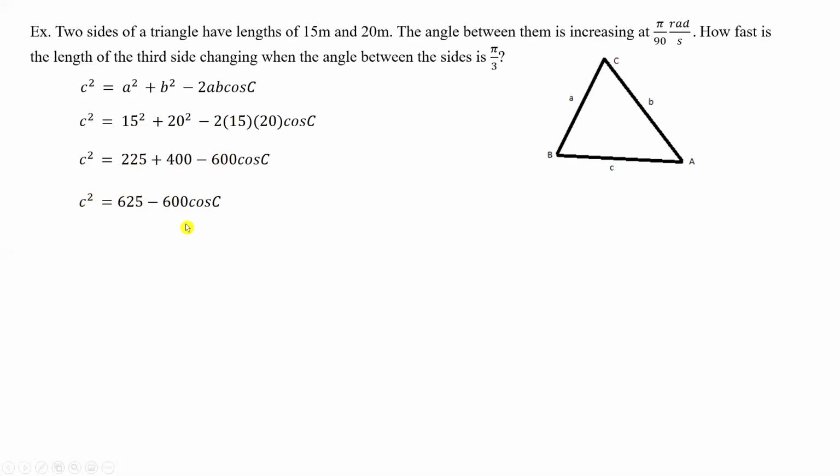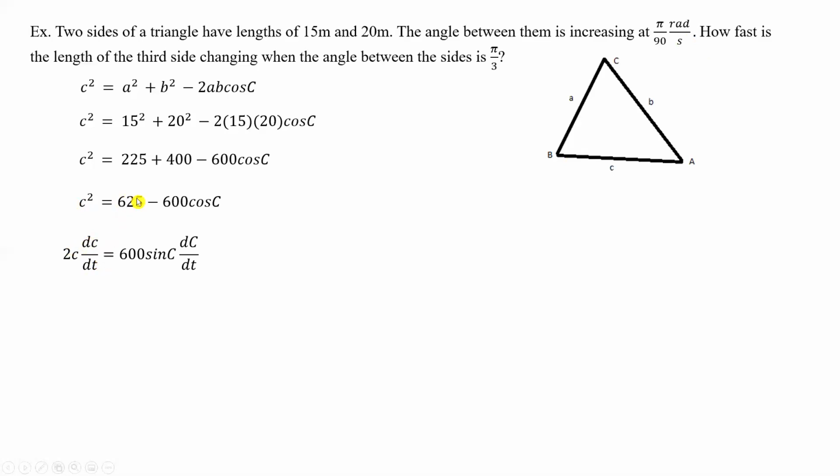Now it's time for the derivative. Let's look at that rate. It's seconds in the denominator, so we want to take the derivative with respect to time. Derivative of c squared with respect to c multiplied by the derivative of c with respect to t. Derivative of c squared is 2c multiplied by dc dt.